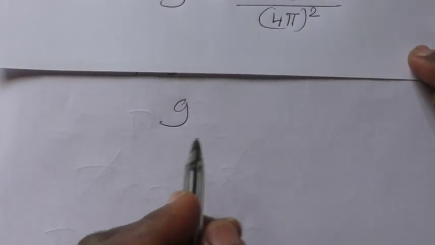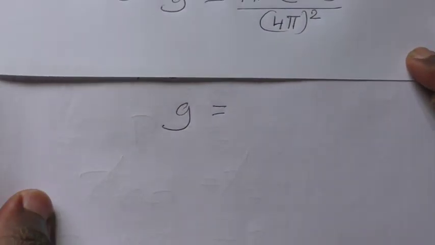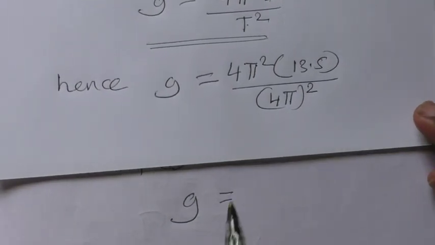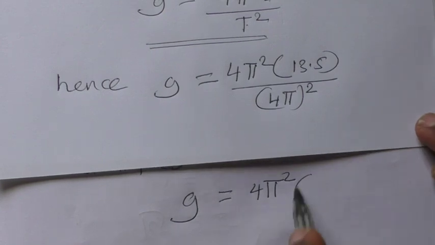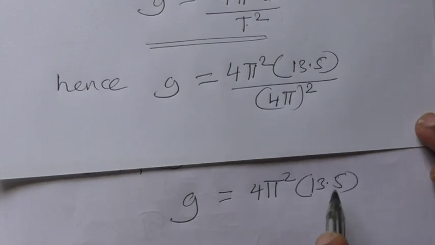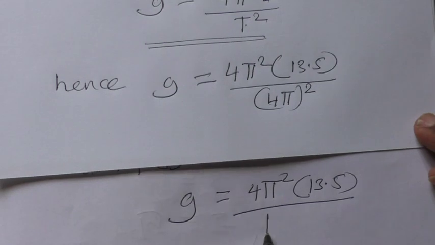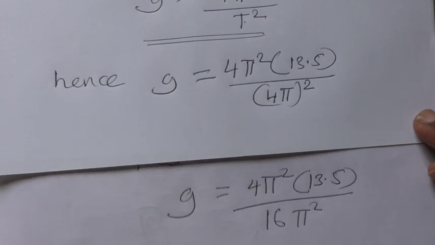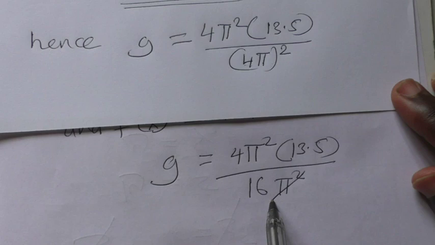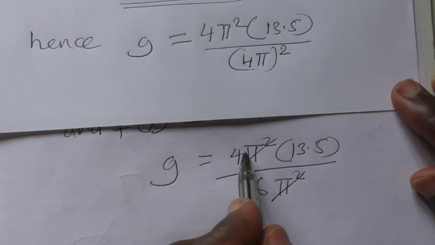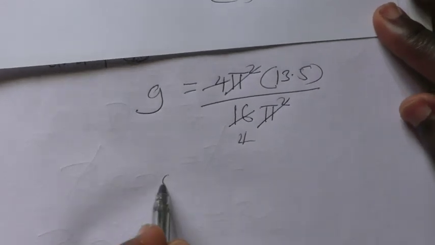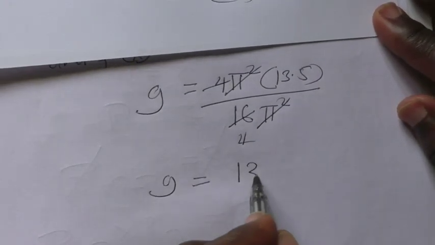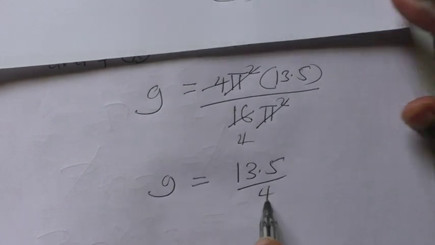Let us conclude, our g will be 4 pi squared into 13.5 over, when we square this we get 16 pi squared. So the pi squared will cancel out, 4 will reduce 16 to 4, and we end up with g as 13.5 over 4.